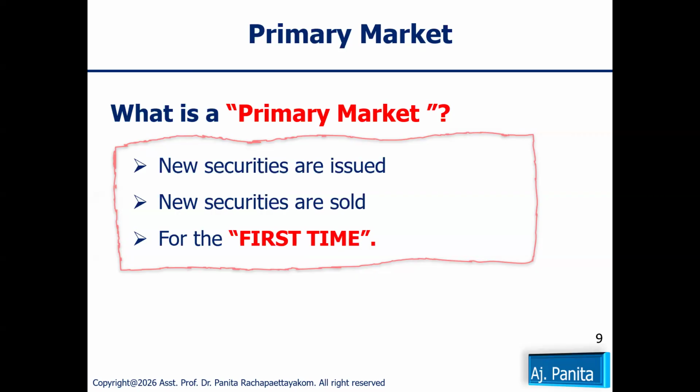It's the market where companies, governments, or other entities raise capital or money by issuing new bonds, new stocks, or other financial instruments directly to investors. The keyword of primary market, as the last bullet point on this page, is "for the first time."